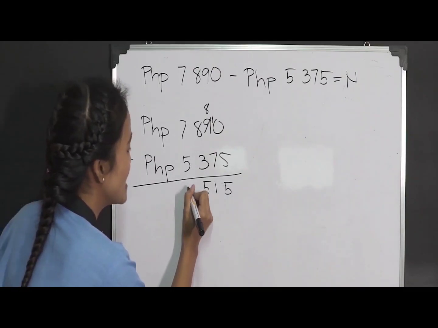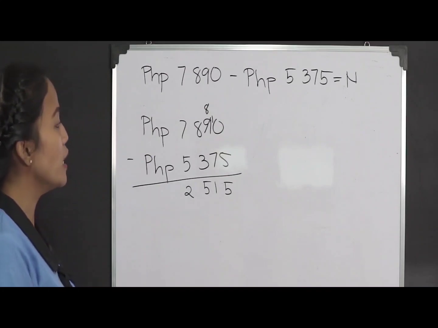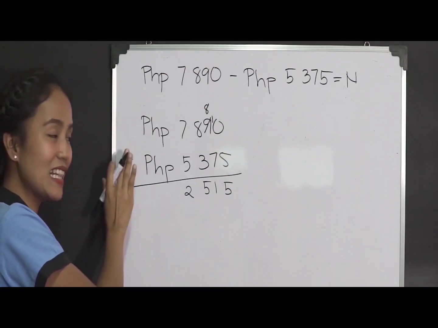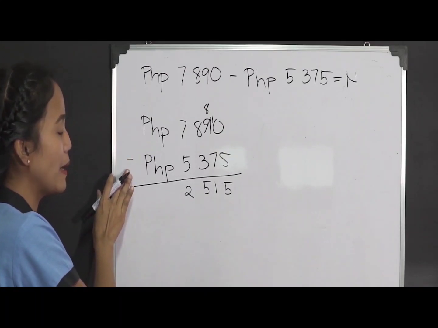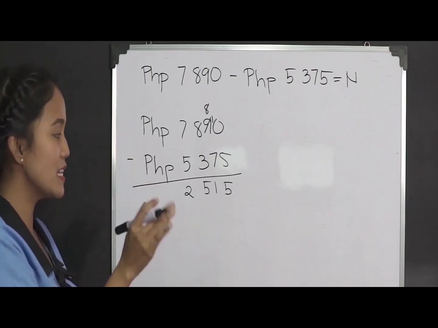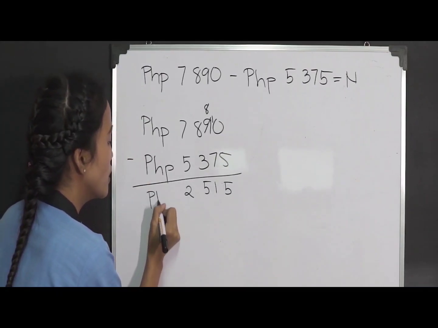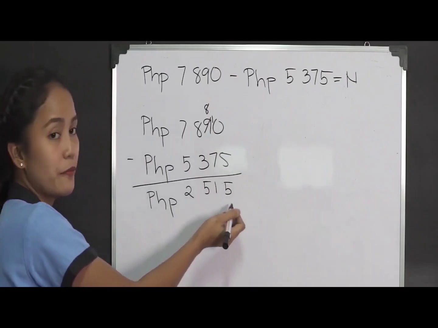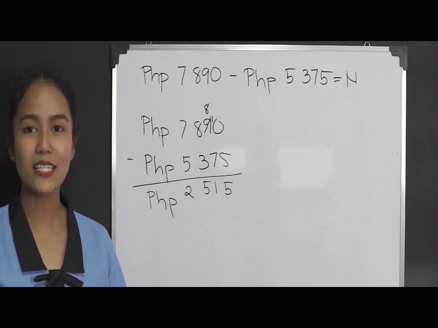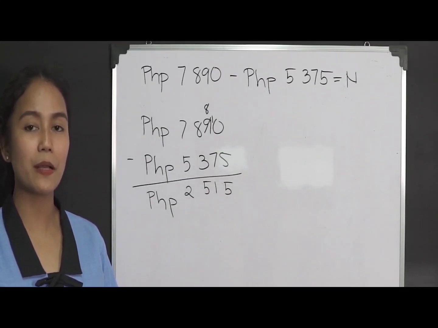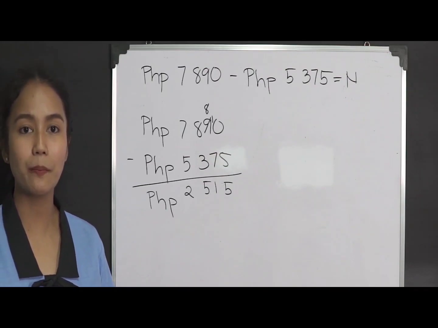Very good. It is equal to 2. So, 7,890 pesos minus 5,375 pesos is equal to 2,515 pesos. Mrs. Robles spent 2,515 pesos in the department store.